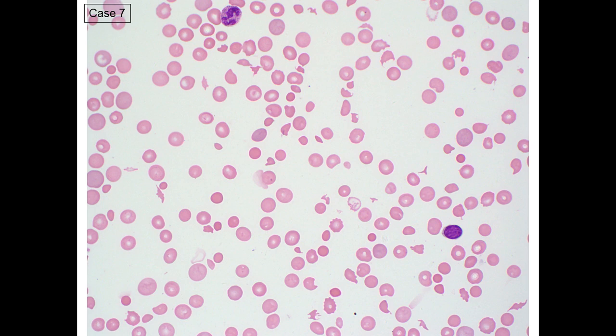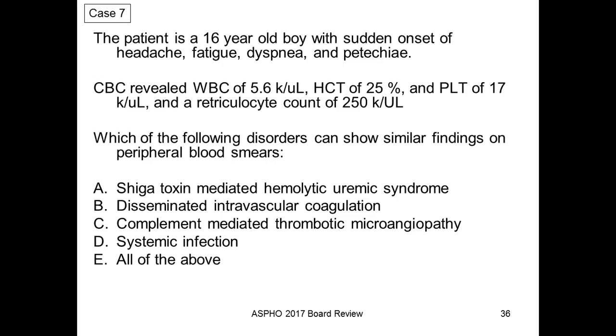Okay, case number 7. Here we have a peripheral smear. This is a 16-year-old boy who had a sudden onset of headache, fatigue, dyspnea, and petechiae. His CBC revealed a WBC of 5.6.